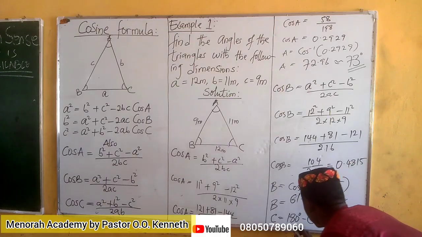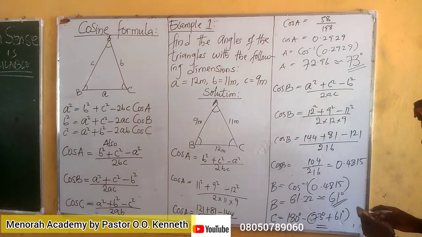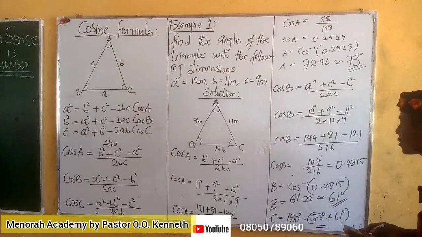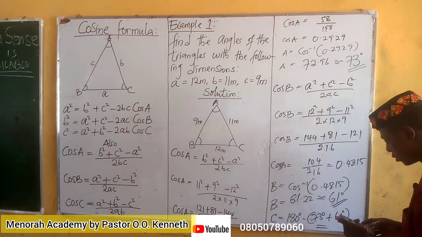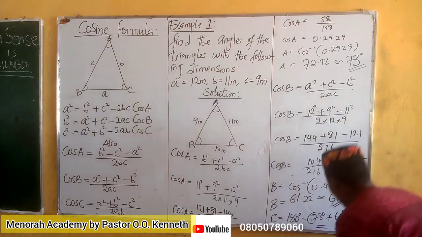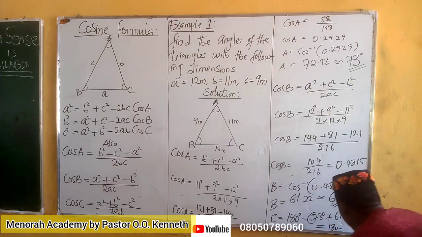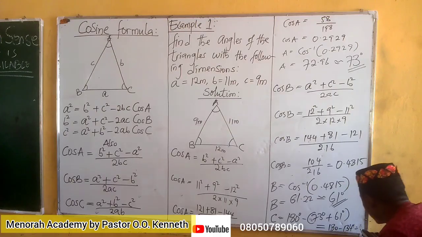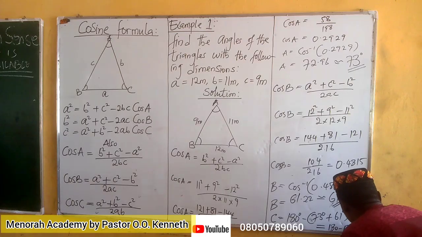So this is finally going to give us 73 plus 61, which is going to be 134, and this is going to be equal to 180 minus 134, which gives us 46.